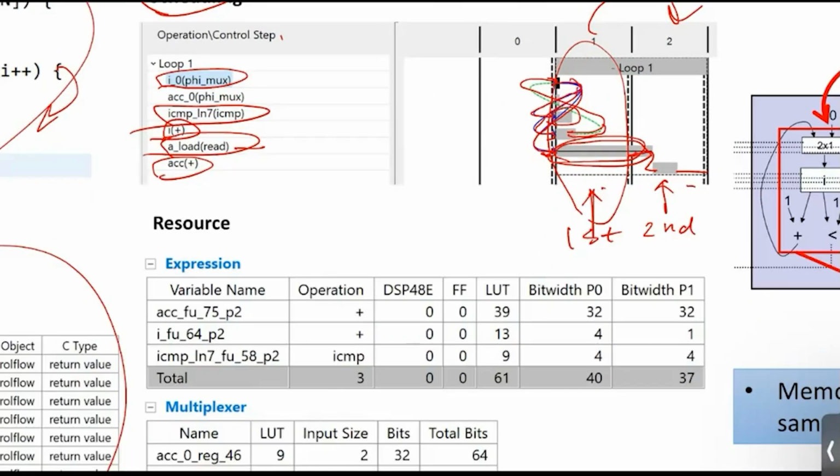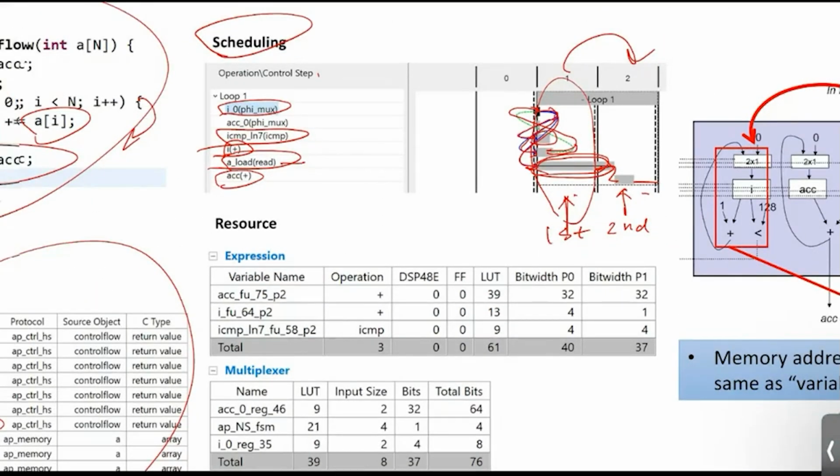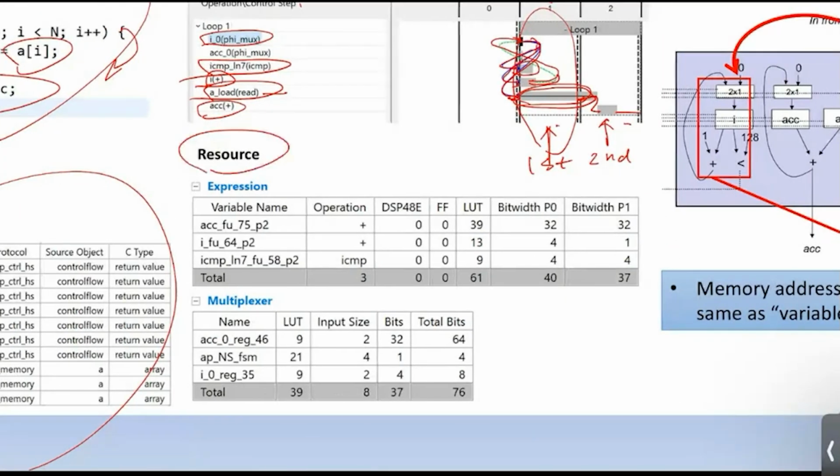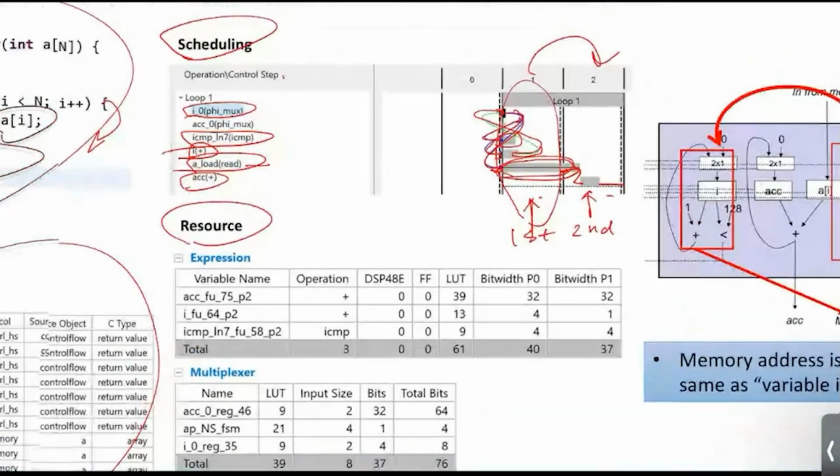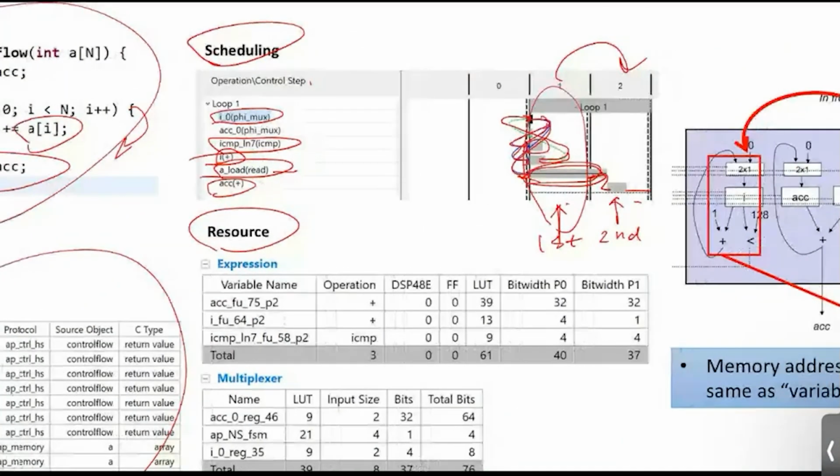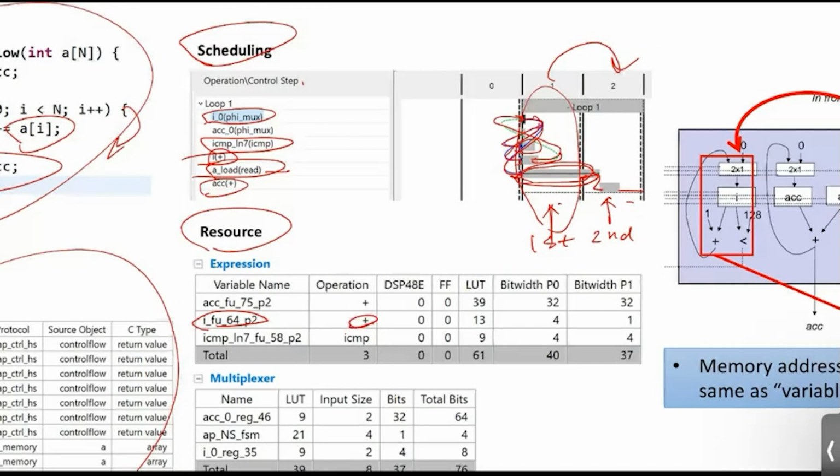And then you can try to understand what resources are being used. Here we know there are 2 adders. One is the adder for the index. One is the adder for the accumulator of the memory array. And you have a comparator. So for the expression, you use 3 operations here, 2 adders and 1 comparator.